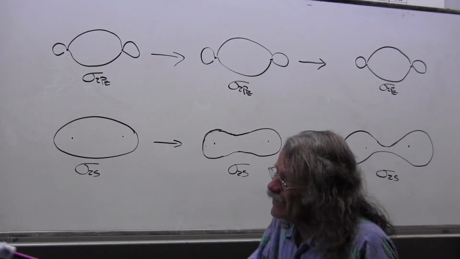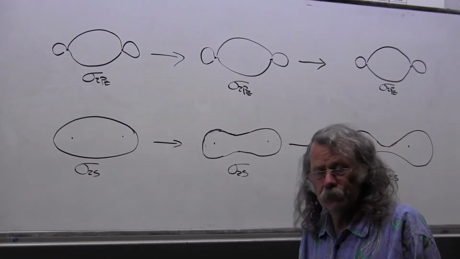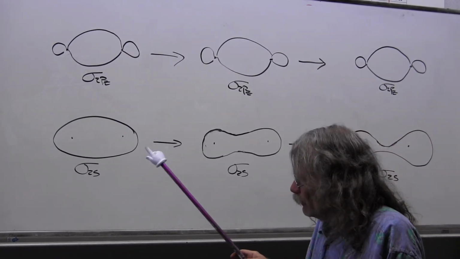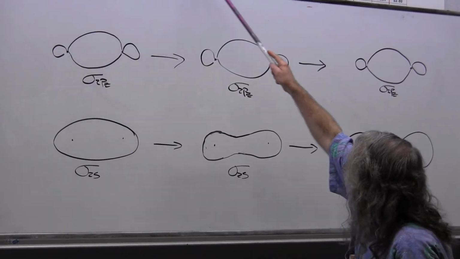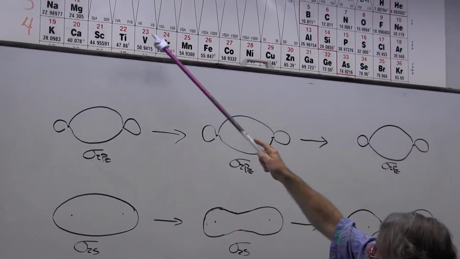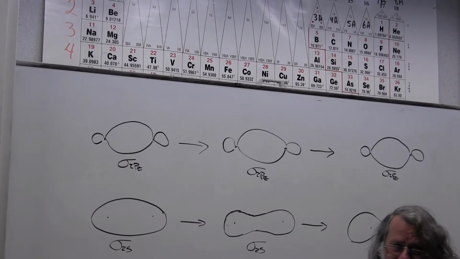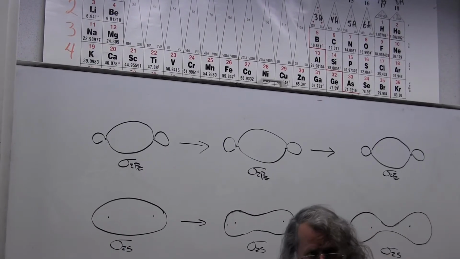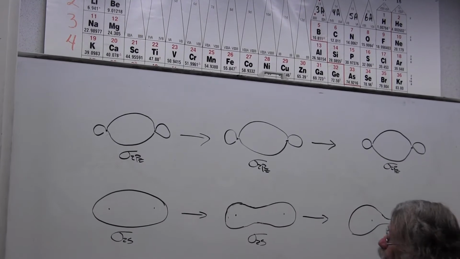Now, why does this inversion occur when we get to oxygen? To understand that, we need to understand what happens as we proceed across the second row in the periodic table. In general, as we proceed across the row, we get successively smaller in size, for reasons we've already discussed.